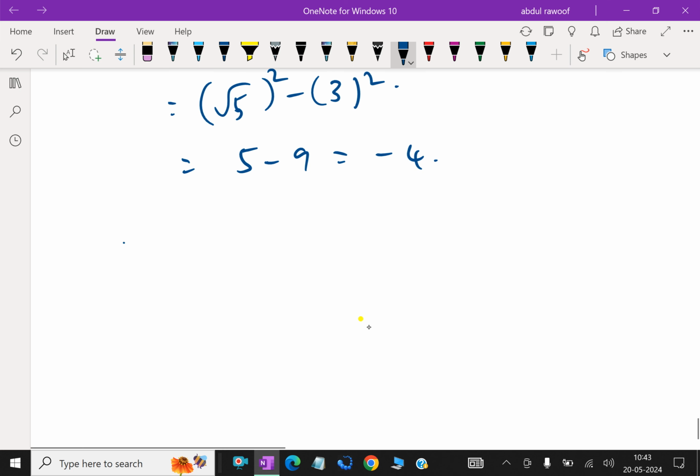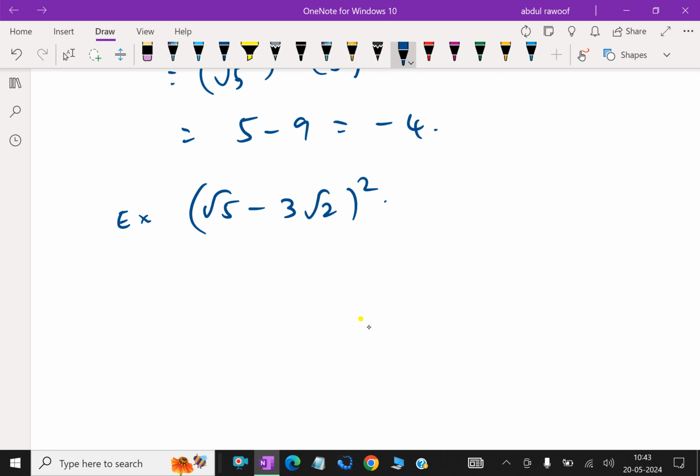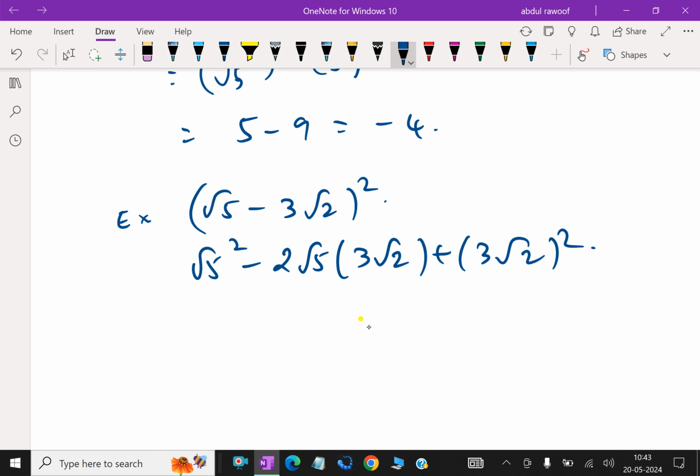Next is root 5 minus 3 root 2 whole square. You know that a minus b whole square is a square minus 2ab plus b square.